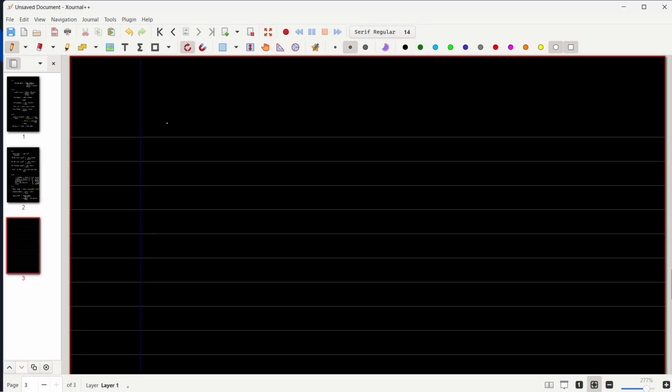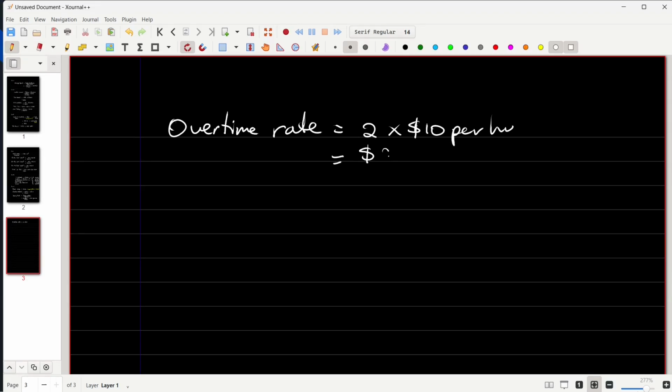Now that we know their regular hourly rate, then overtime rate would be equal to 2 times that $10 per hour, which is $20 per hour.